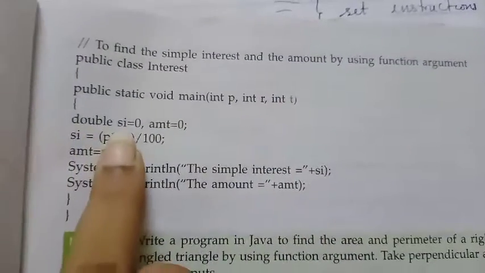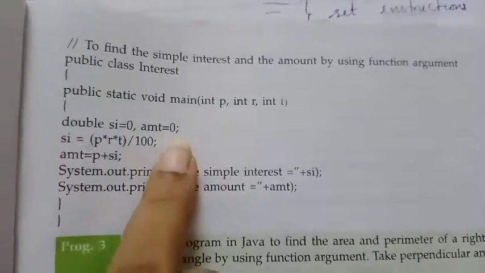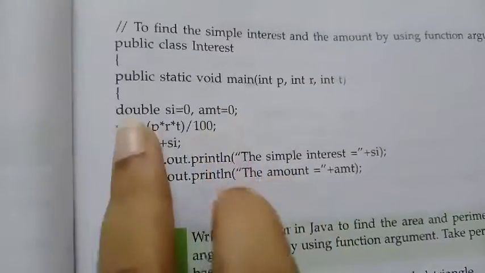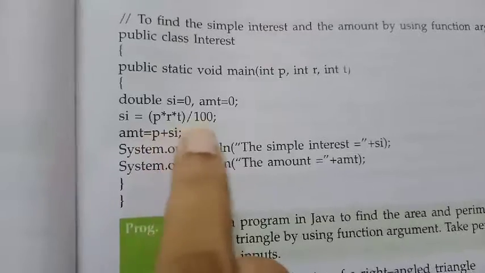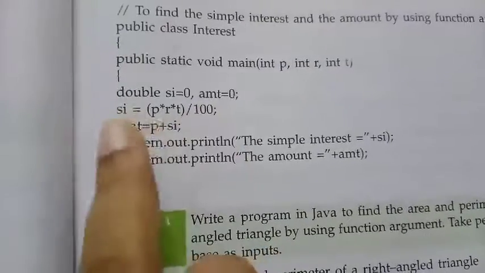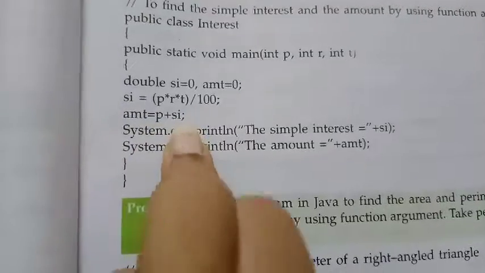And double SI is simple interest, and then we are going to calculate the amount, right? So SI is equal to the formula P into R into T divided by 100. We have substituted the formula, and amount is equal to P plus SI.